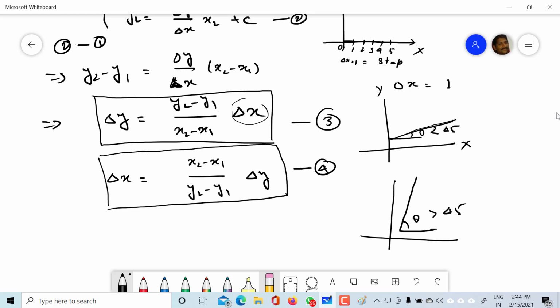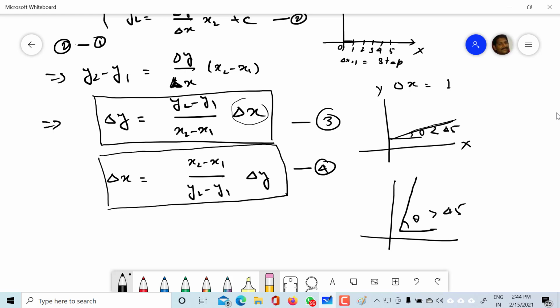So, if the inclination is towards the x-axis, the DDA algorithm says that you should take the x-axis as the base axis. Otherwise, if the inclination is towards the y-axis, you should take the y-axis as the base axis.